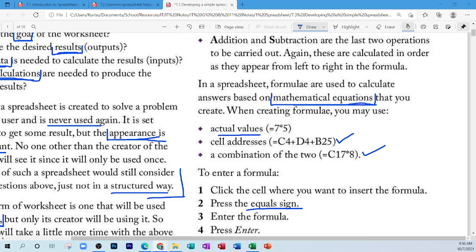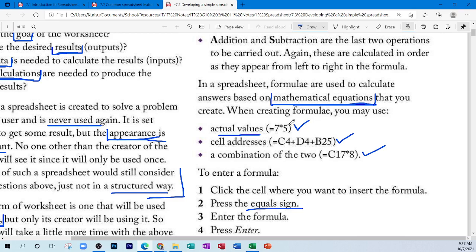First word starts with A. Sir, automatic calculations. Right. Automatic calculations. If you use actual values, you won't get automatic calculations because you have to manually change the values. But cell addresses, they give us that benefit of automatic calculations. So that's why it's more effective.